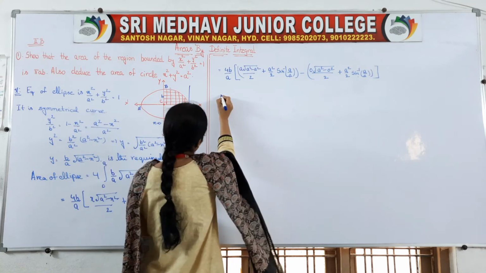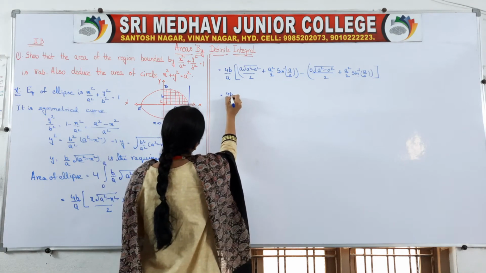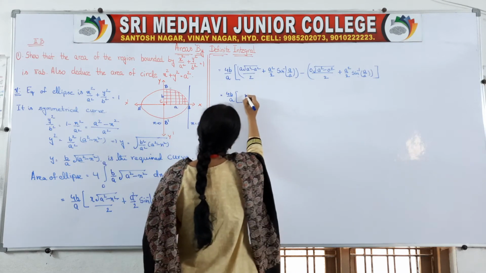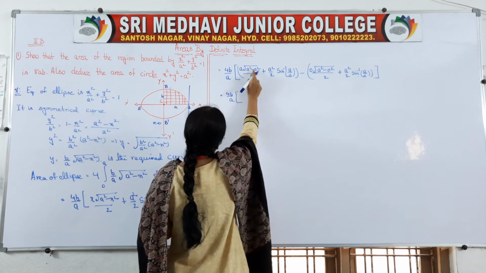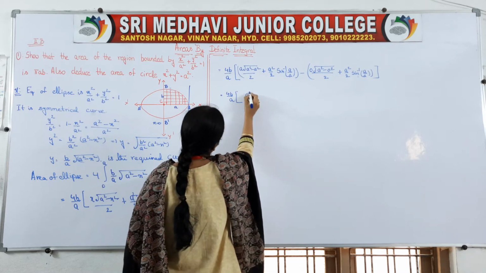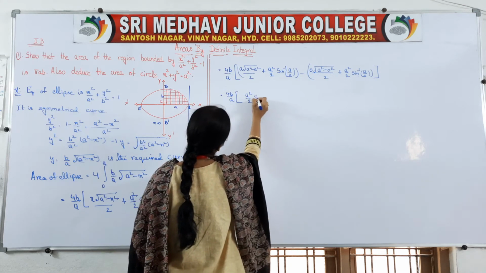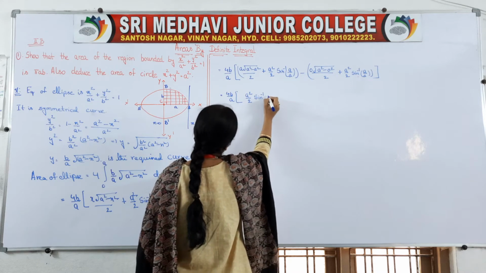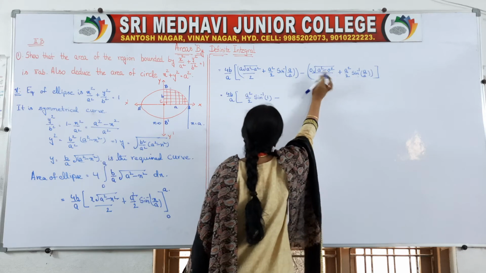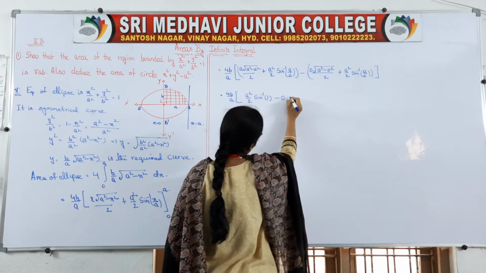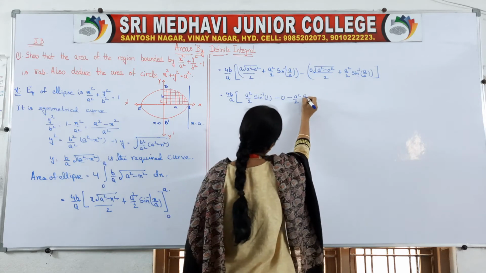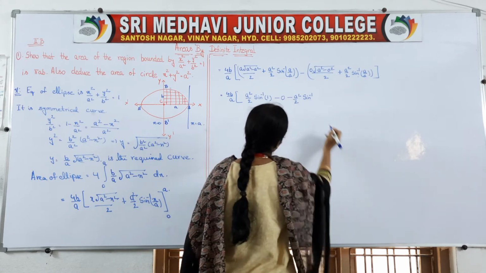So it is 4b by a, this is 0, right, so a square minus a square is 0, 0 into a by 2 is 0, so a square by 2 into sine inverse of 1, minus 0 into something is 0, minus a square by 2 sine inverse of 0.